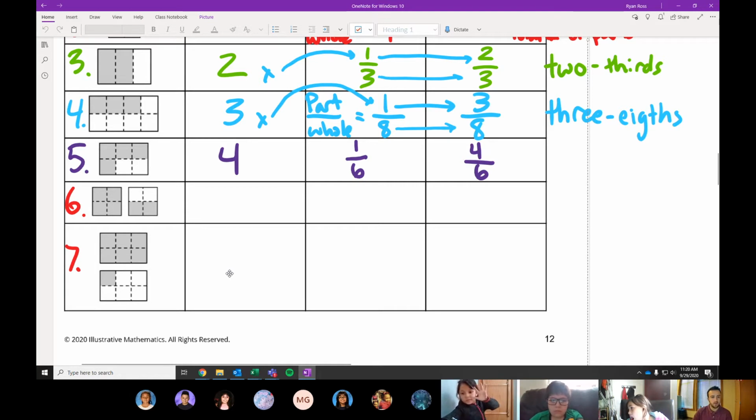So who can help me with this first column here? How many shaded parts are there for problem number 6? Let's go Malia Guerrero on this one. There are 6 shaded boxes. Okay, great. 6 shaded boxes. Now, what's the size of each of those boxes, Malia? Now, remember, how many boxes make up 1 big square?